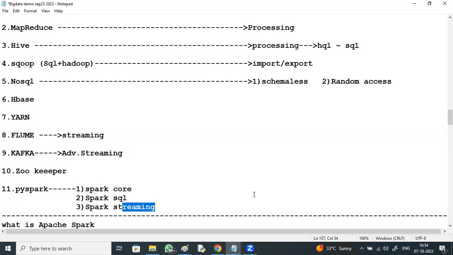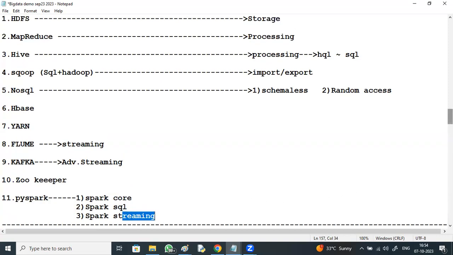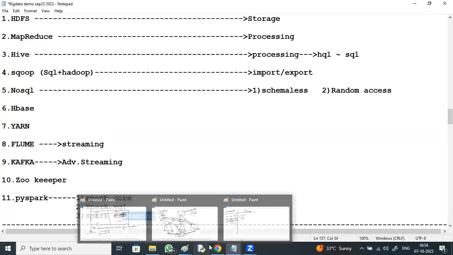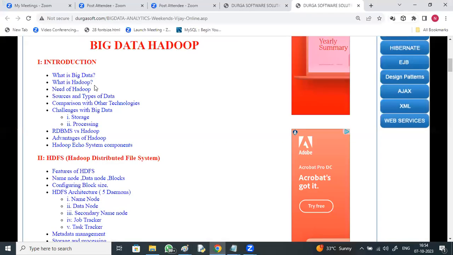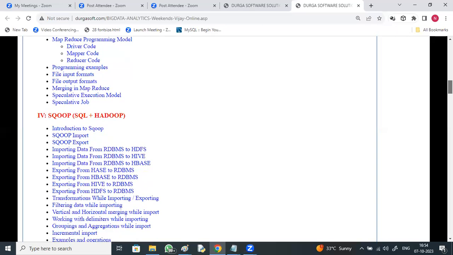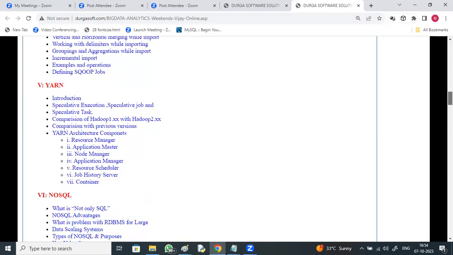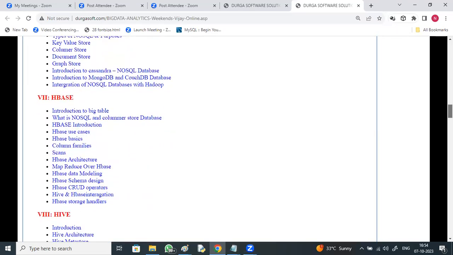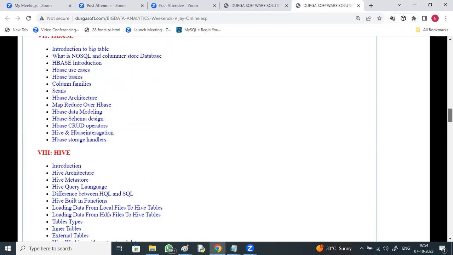If you see this course content, you just observe it: Hadoop, HDFS in brief, MapReduce in brief, Sqoop component, YARN, NoSQL, HBase, Hive.